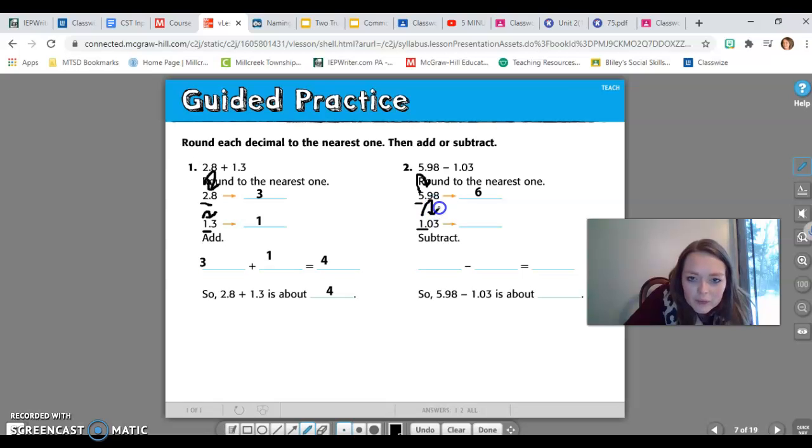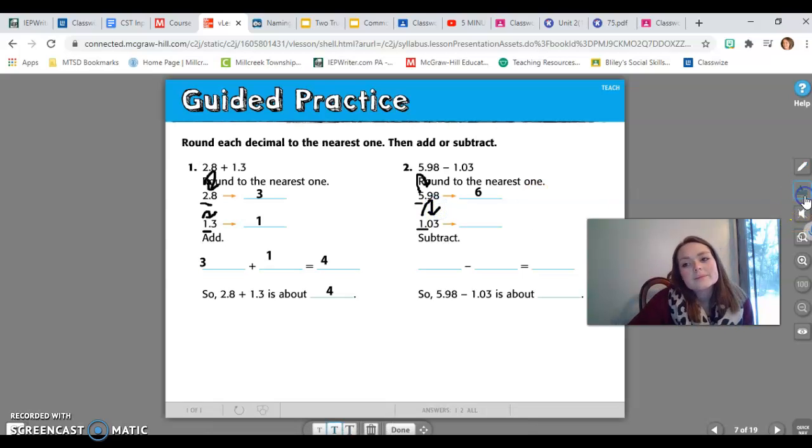I think 1. What do you think? 1. I agree. So then we are going to subtract 6 minus 1. It gives me 5. So my answer is about 5.